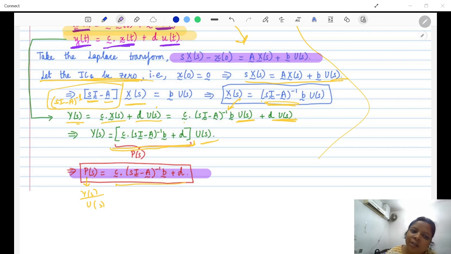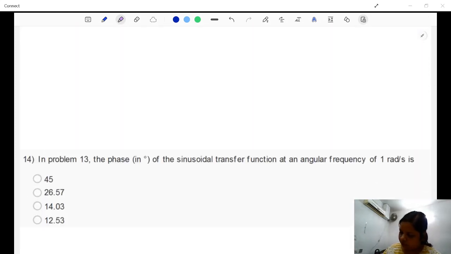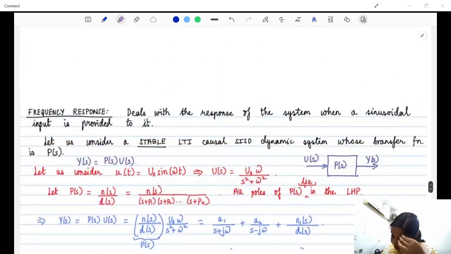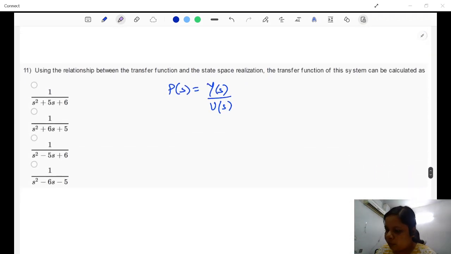We substituted the value of X(s) in the output equation to get the relation between Y(s) and U(s). Okay, and this is your P(s) over here. Sorry, I moved to the next question. Okay, so Y(s) upon U(s).